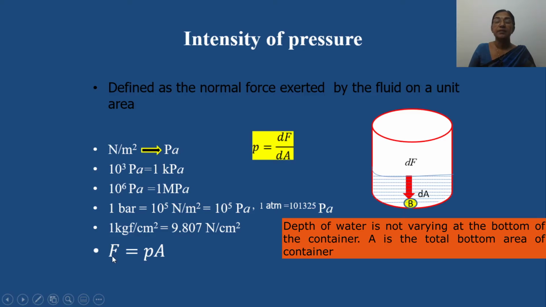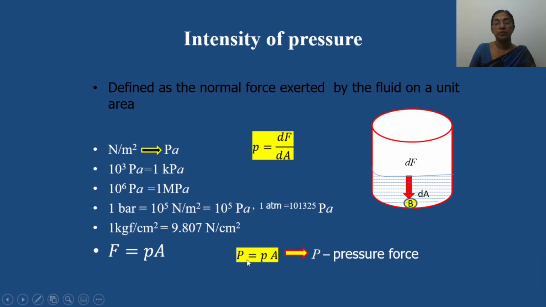In fluid mechanics, the pressure force is expressed by capital P. So this F is now replaced by capital P. So P equals the total pressure force acting, equal to small p into area. So P is the pressure force.